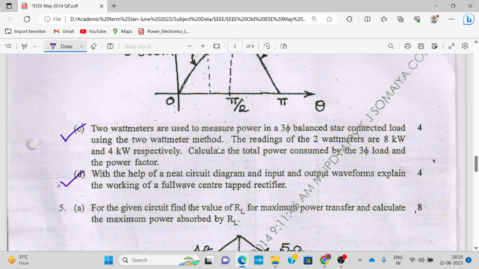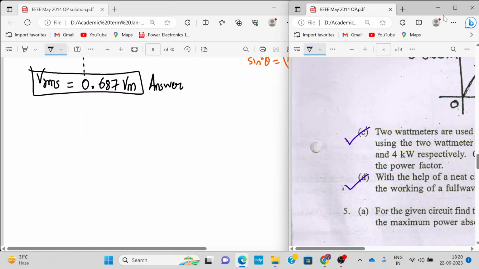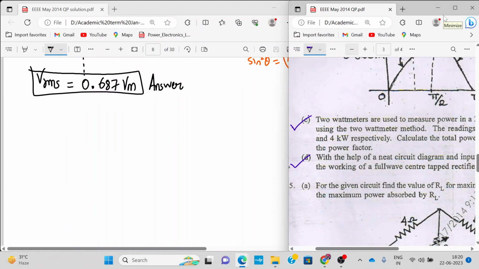Anyways, going back to C. Two wattmeters are used to measure power using 2 wattmeter method. The readings of the 2 wattmeters are 8 kilowatt and 4 kilowatt respectively. Calculate the total power consumed by the three phase load and the power factor. The simplest numerical in the entire syllabus. I'll show you how.